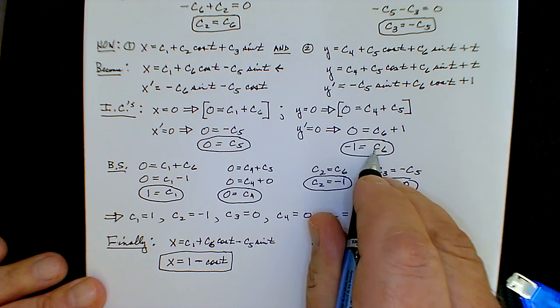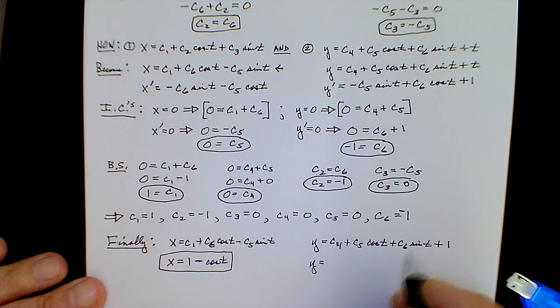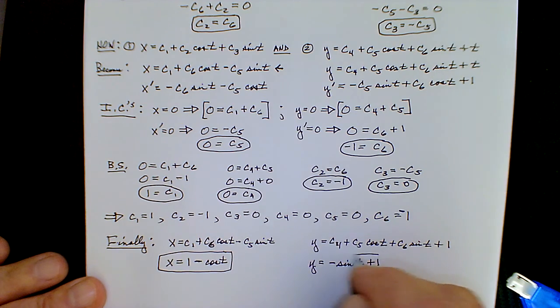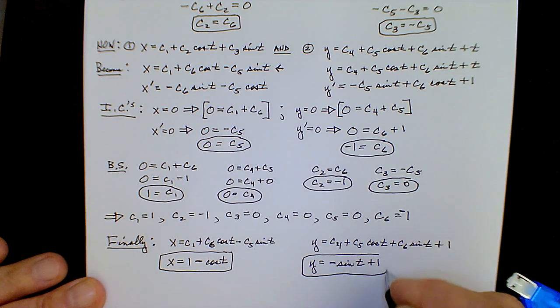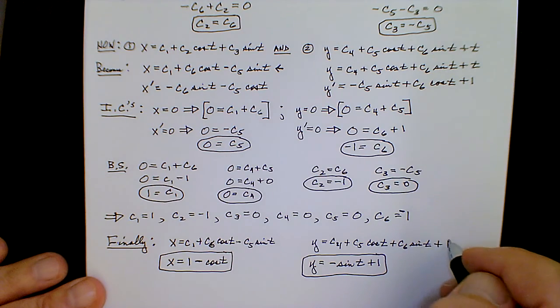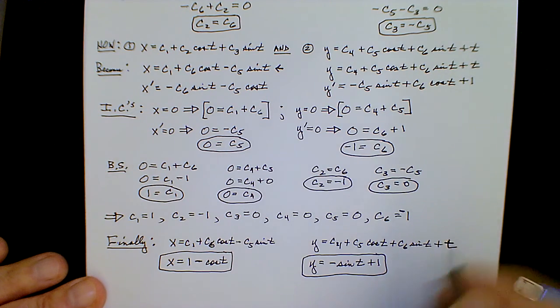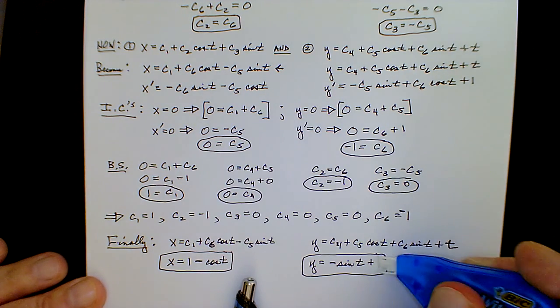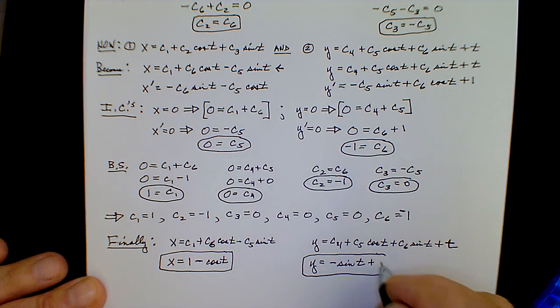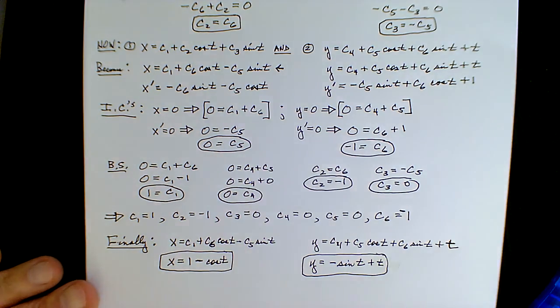I recopied it wrong right here, I had it right there, of course. So C6 was a -1, so -1 sine t, or just negative sine t plus 1. Or plus t, I'm sorry. So that was a plus t, and this is plus t as well. And that was the other equation that we were trying to prove.